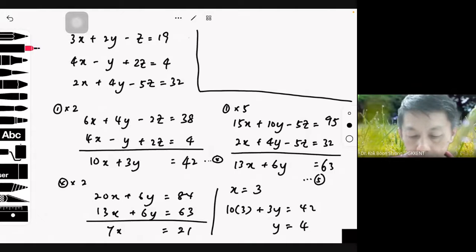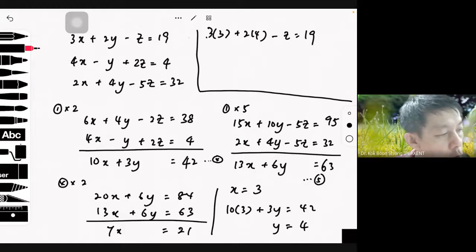Okay, so we substitute into the first equation. So z equals to what?